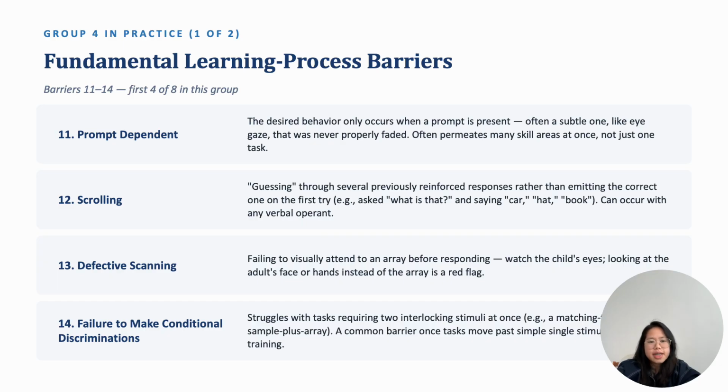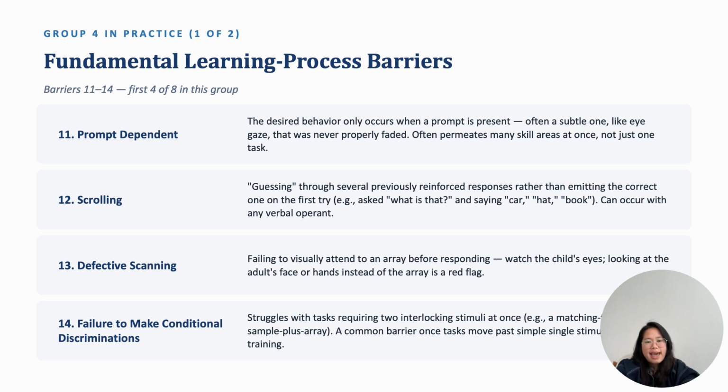So the next is scrolling. So this is guessing, like cycling through several previously reinforced responses instead of emitting the correct one immediately. For example, being asked what something is and saying car, then hat, then book until one lands. So it can show up in any verbal operant like mand, tact, intraverbal, all of it.